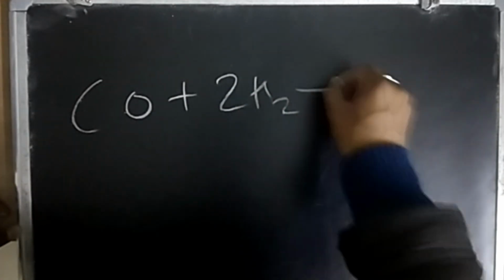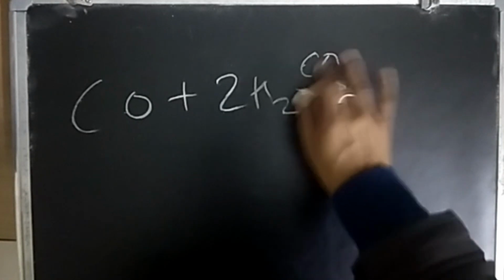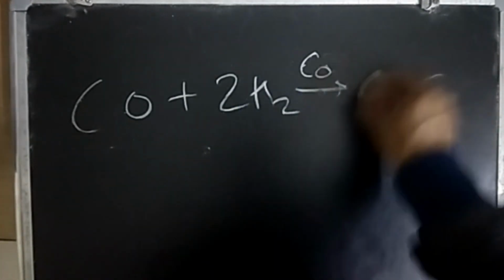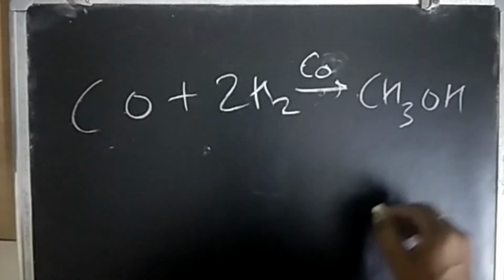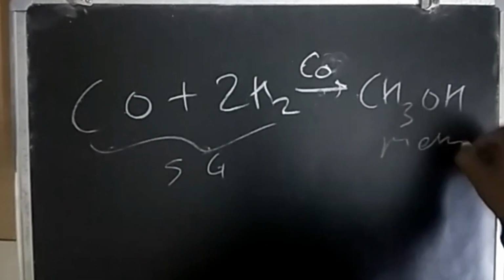Now let's quickly see CO plus 2H2 with a cobalt catalyst, which will make CH3OH, methanol. This is syngas to methanol.